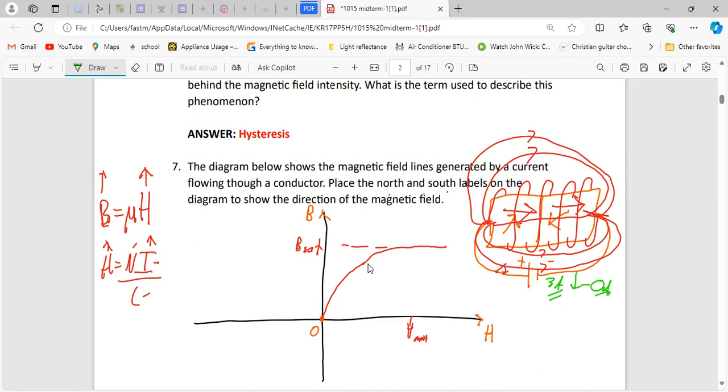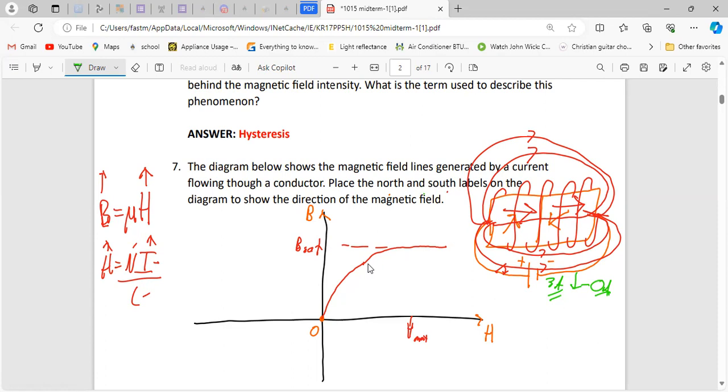Why? Because some of the domains will stay aligned with the magnetic field. Even when the magnetic field is not there at all, some domains will still be aligned. Therefore, the core itself will generate a weak magnetic field of its own.